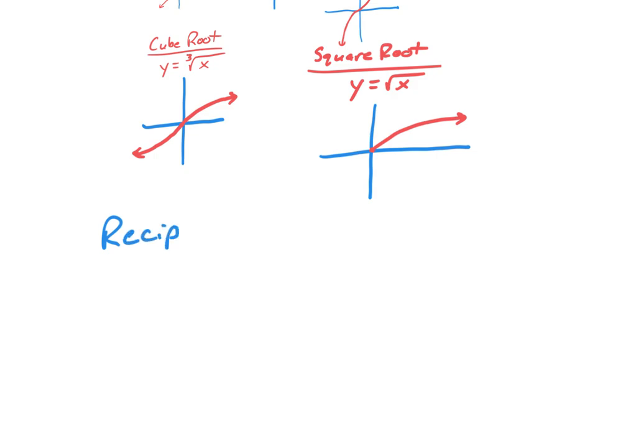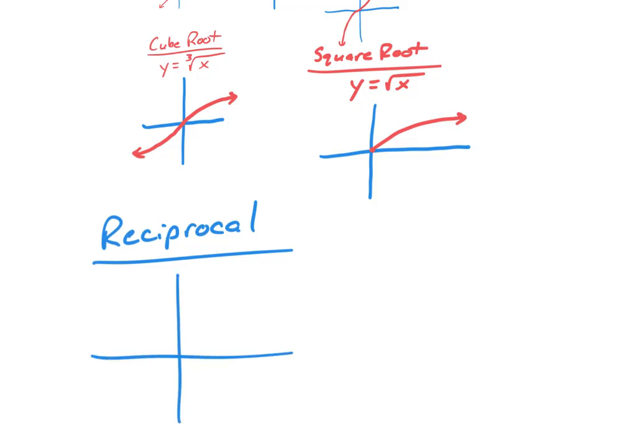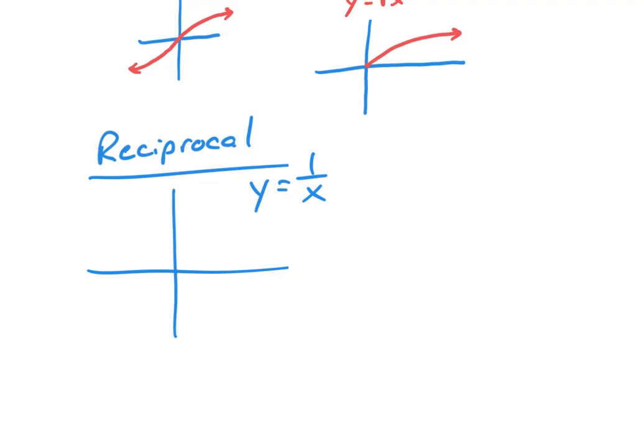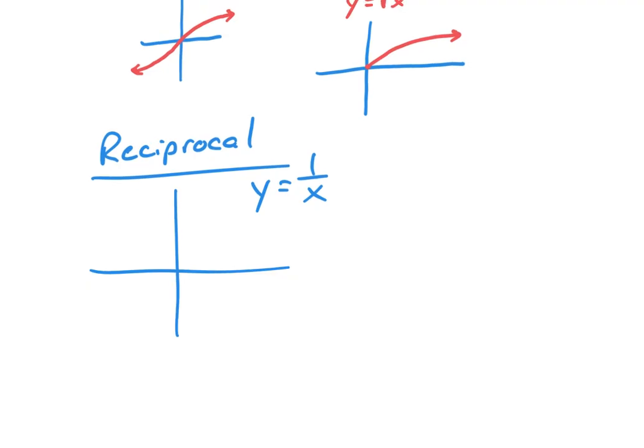The next one is what we call the reciprocal function. The equation is the reciprocal of x. That's why we call it the reciprocal function. So I just take x, I flip it over, do the reciprocal of it. Okay, and you might remember this one a little bit from Algebra 2.